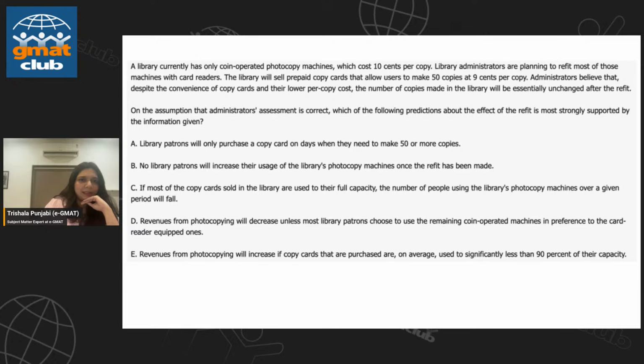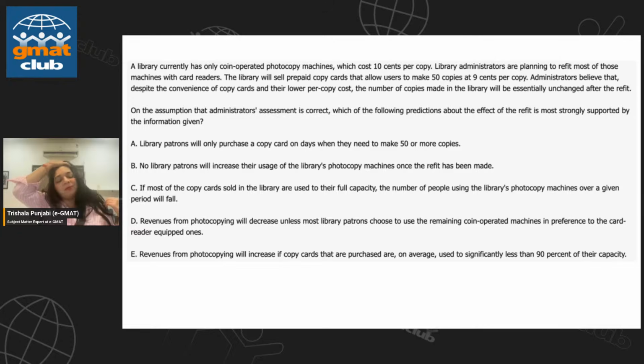Anyone else? Okay. We already established, right, that if a card is used at 90%, it is going to be break even. If it is used less than 90%, it's going to be like the February member of the gym, where because you're only going twice, it's costing you like 1500 each time, right?